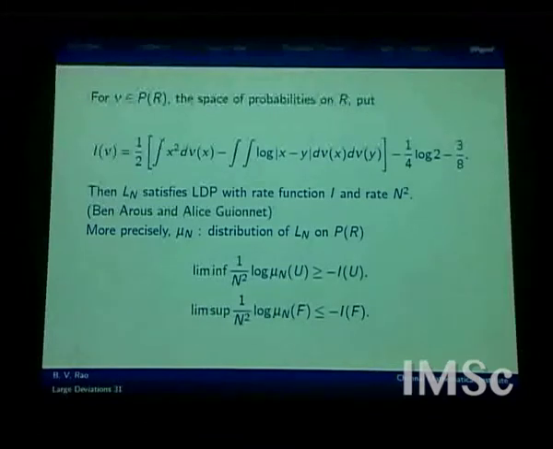Lim sup of 1 by n square log mu n of f is less than or equal to minus I f. Exactly the same thing as I gave in the definition. But instead of 1 by n log, we have 1 by n square. So, in other words, it satisfies large deviation principle with rate function I, and rate is n square.